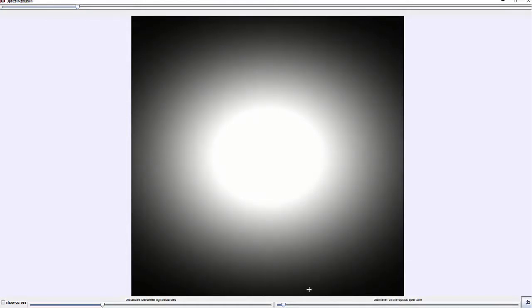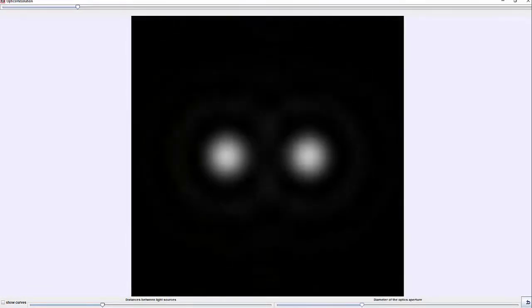And so that shows the effect of decreasing the diameter. Although if I increase the diameter, you can see those two sources are easily split if we use enough diameter on here.